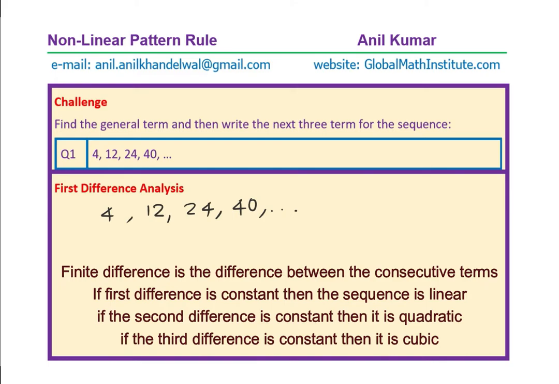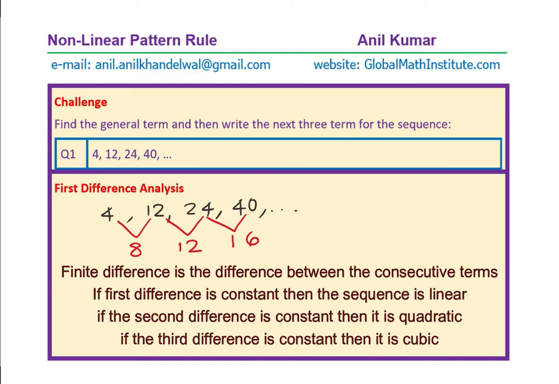The first difference is the difference between the consecutive terms, that means 12 minus 4, which is 8. 24 minus 12 is 12, and then we have 40 minus 24, which is 16. So that becomes your first difference.